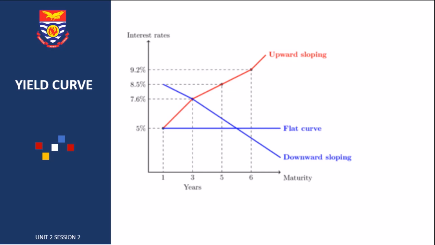And finally, we have the flat curve. With the flat curve, you realize that different investors with different maturity periods pay the same interest rate. Someone has a 1-year maturity period, another person has a 3-year maturity period, another 5, and the other 6. And they are all being charged the same amount of interest, that is 5%.